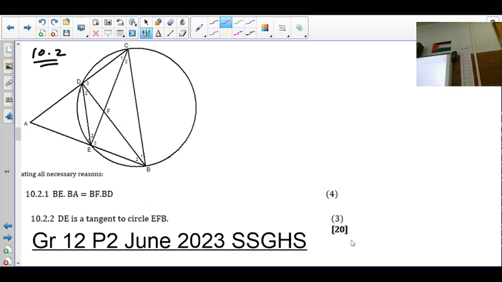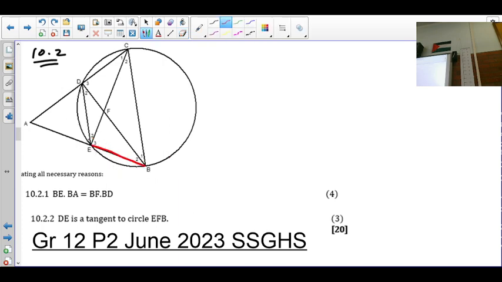So we must prove that BE, so let's see which BE, yes BE. That's the length they're looking at.